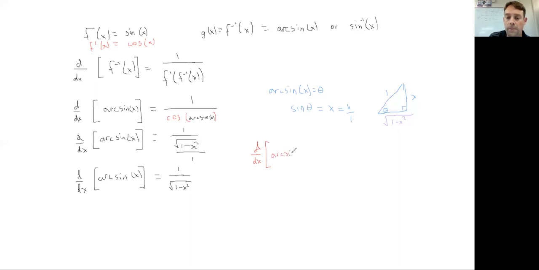Derivative of arcsine of f of x equals the derivative over the square root of 1 minus f of x squared.